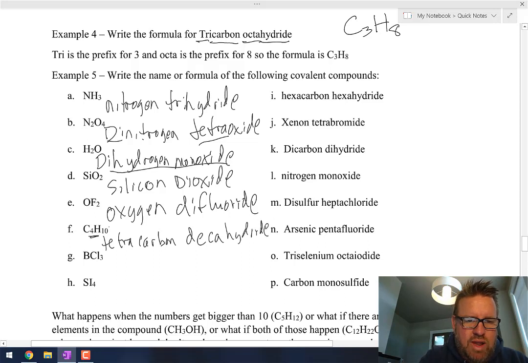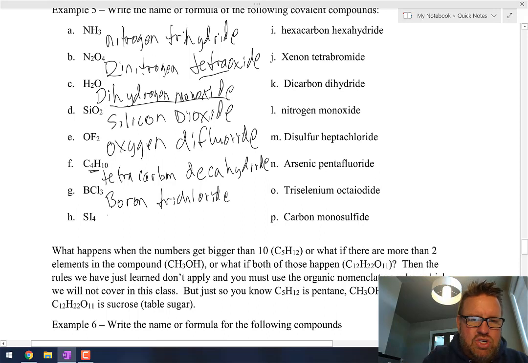The more common name of that is butane. Okay, again, don't worry about that. Okay, letter G, boron trichloride.